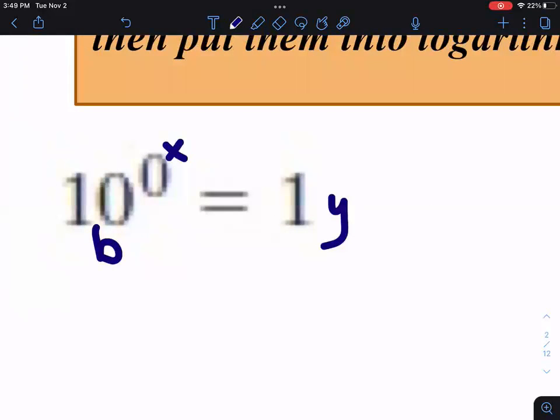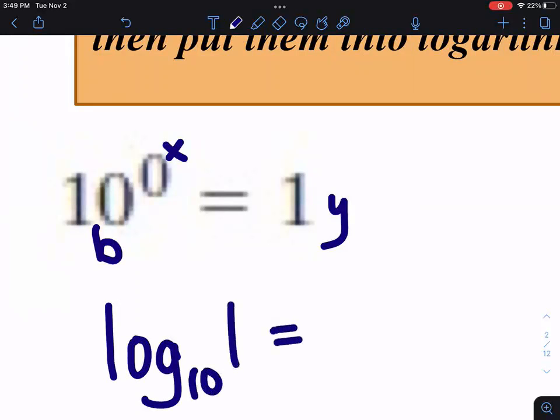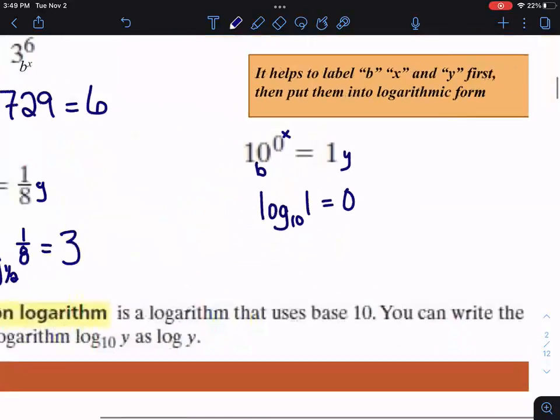For the last one over here, we have 10 to the 0 power equals 1. Remember, anything to the 0 power is 1. So our base is 10, our exponent is 0, and our y is 1. So we can write this as log base 10 of 1 equals 0.